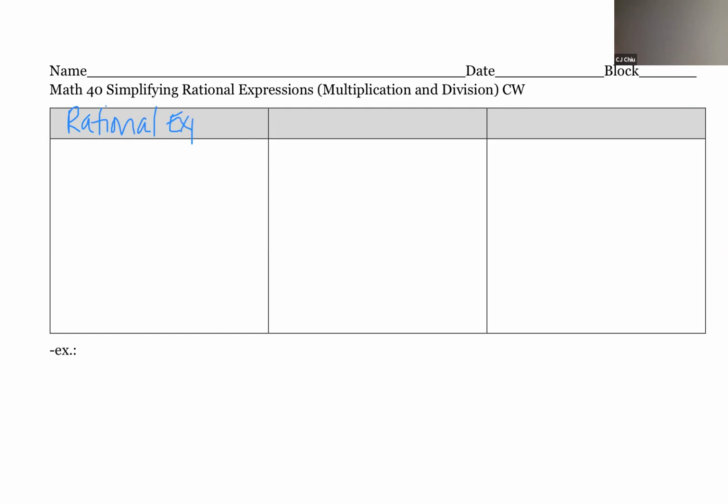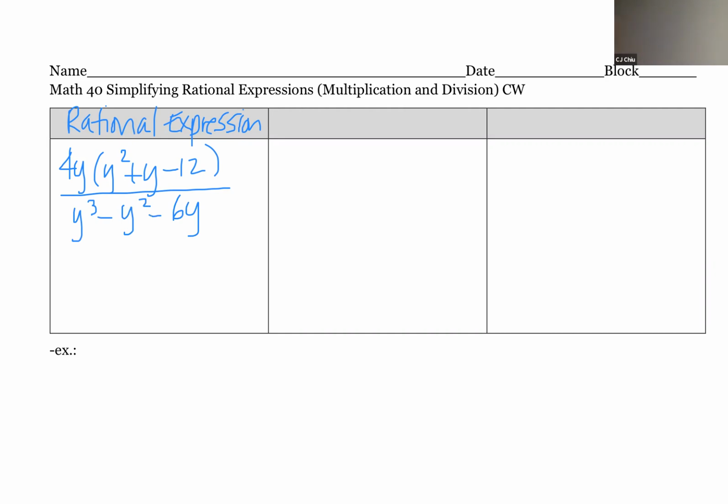So a rational expression, like I said, is a big fraction, okay, with some variables, some numbers, some polynomials, okay? So something like 4y times y squared plus y minus 12 over y cubed minus y squared minus 6y, okay? What you can't do is just start crossing out stuff right away, okay?